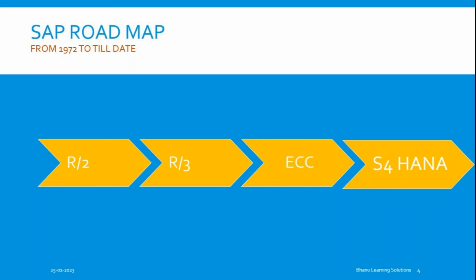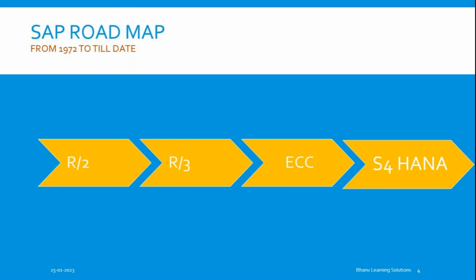In S/4HANA, SAP has developed their own in-memory concept, their own database called HANA database. SAP HANA is the database, S/4HANA is the application. So now it is capable of maintaining its own data and applications. That's why it is now a more successful and in-demand application.